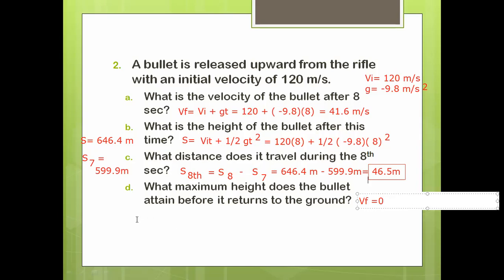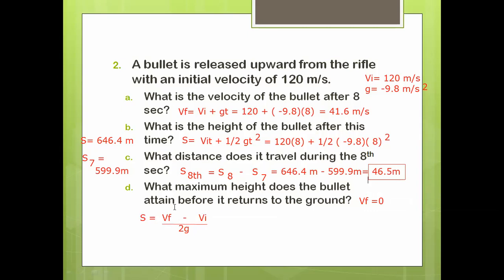So S can be determined by getting Vf squared minus V sub I squared, and then we divide this by 2g. Of course, our Vf and V sub I values are being squared there.